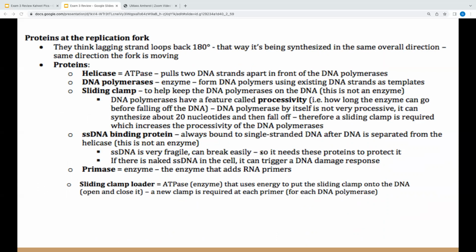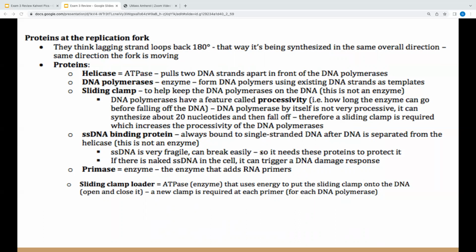This is just like a review of all of the proteins involved with this process. Helicase we just talked about uses ATP to pull them apart, and DNA polymerase, of course, is the one building these strands. Sliding clamp helps to clamp on DNA polymerases. ssDNA binding protein just helps the DNA after it's separated from helicase to be protected.